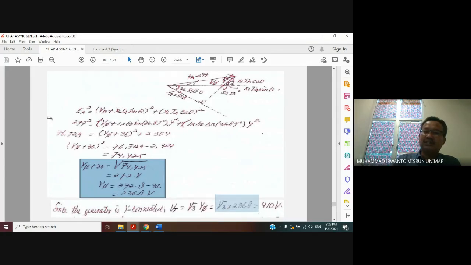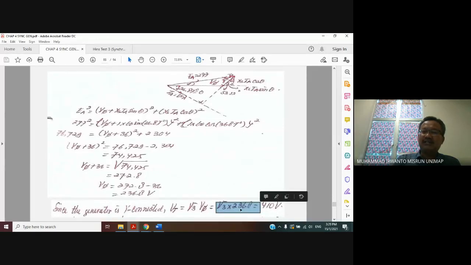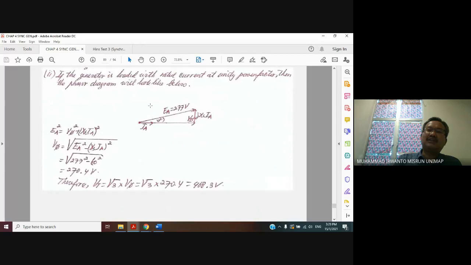So square root 3 multiply 236.8 is equal to 410 volt. This one is for the power factor lagging. Now for the power factor unity.